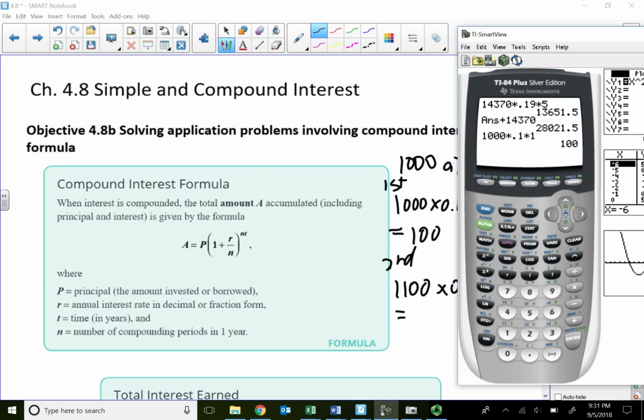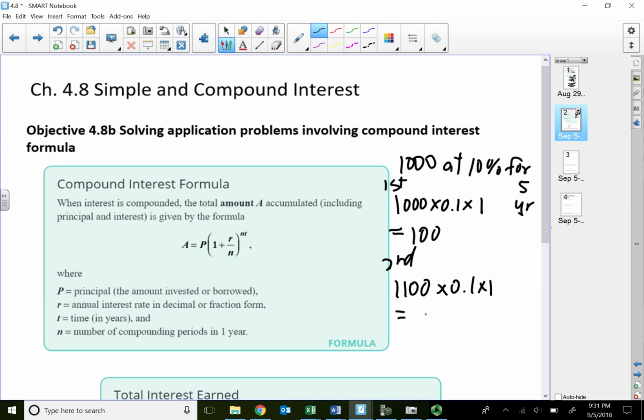So for my next year, $1,100 times 0.1 times 1. At the end of the second year, that same account will earn me interest of $110. Why is it not $100?